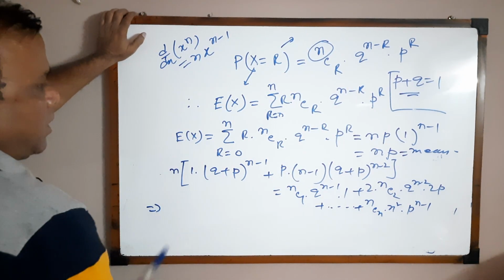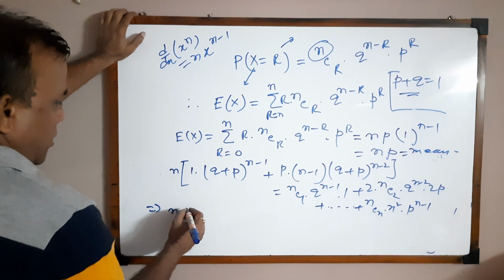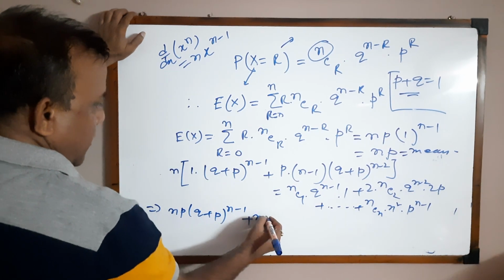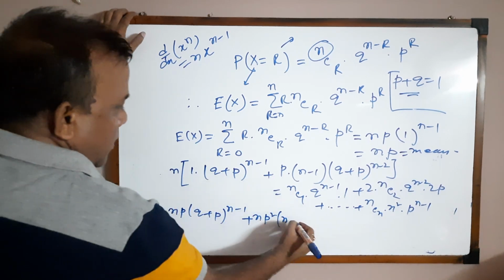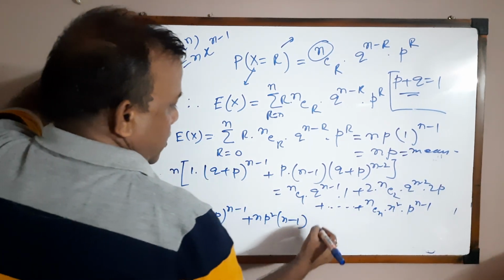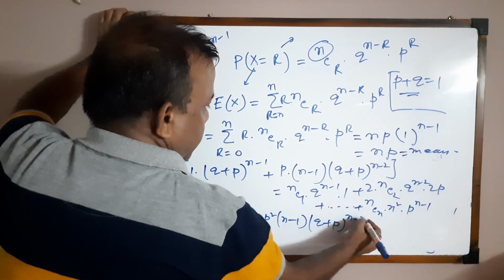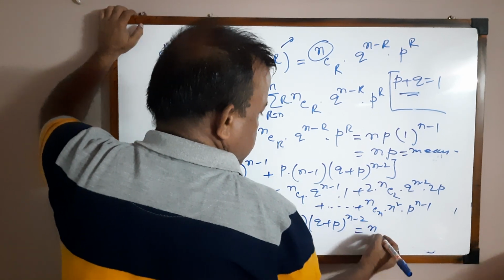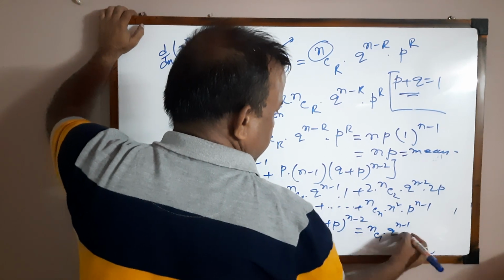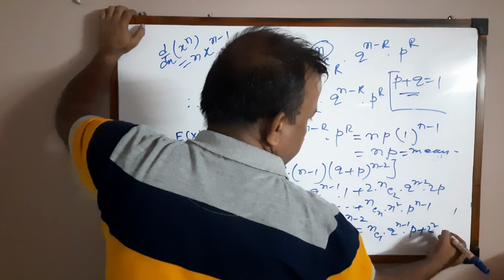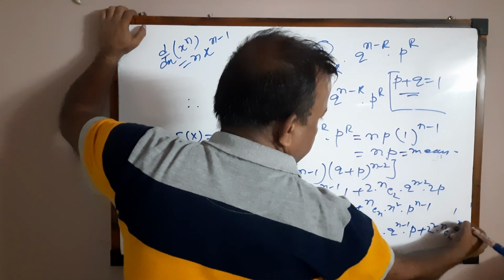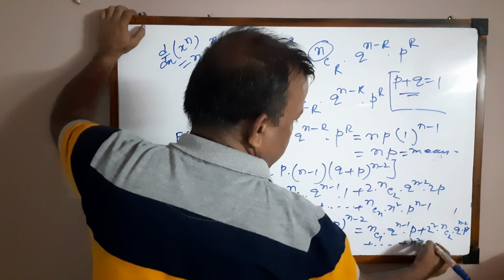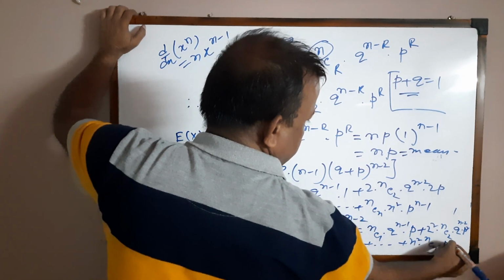Now we multiply it by p. np into (q plus p) whole to the power n minus 1 plus np square into (n minus 1) into (q plus p) whole to the power n minus 2 is equal to nC1 into q to the power n minus 1 into p plus 2 square nC2 into q to the power n minus 2 into p square, and up to n square nCn into p to the power n.